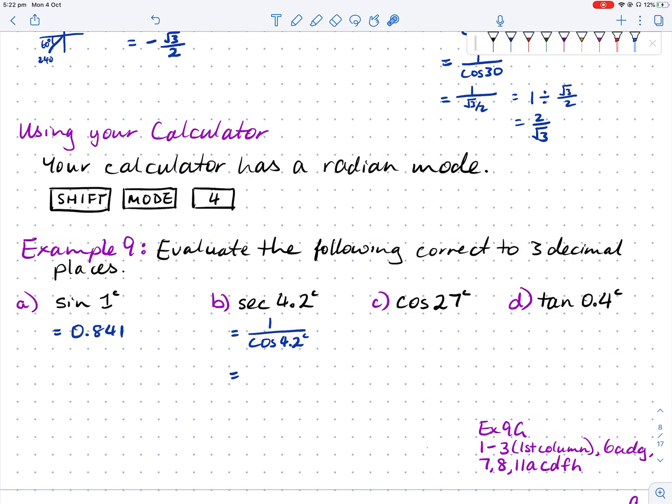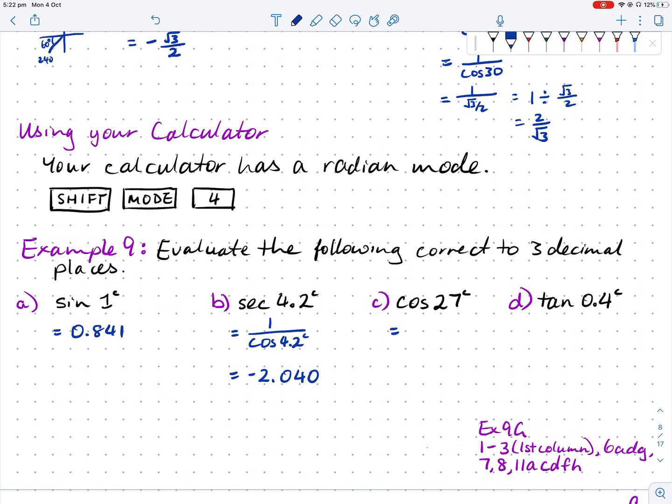Once you've put the number in, it's assumed that it's in radians. So for 1 over cos 4.2, I've got negative 2.0397. So if I round that, that should be negative 2.040 to 3 decimal places. So again, check that you've gotten the same answer that I have.